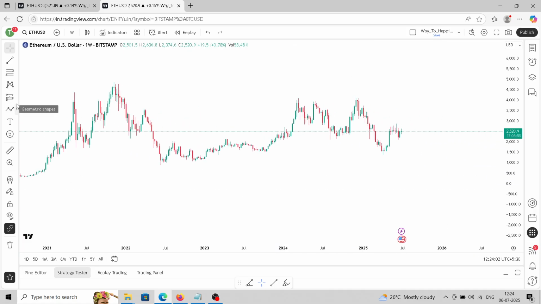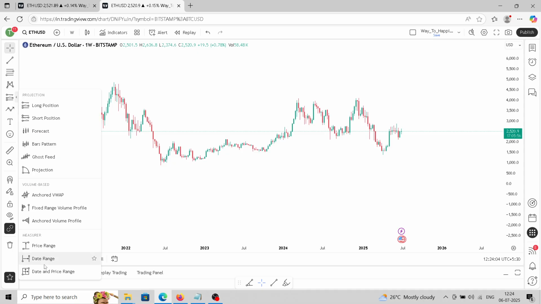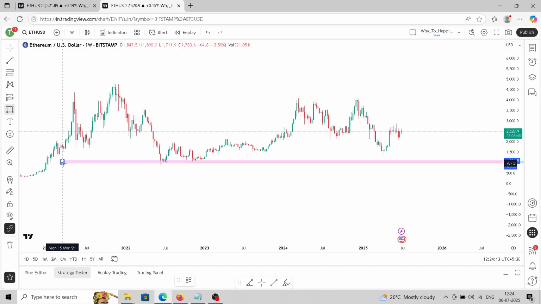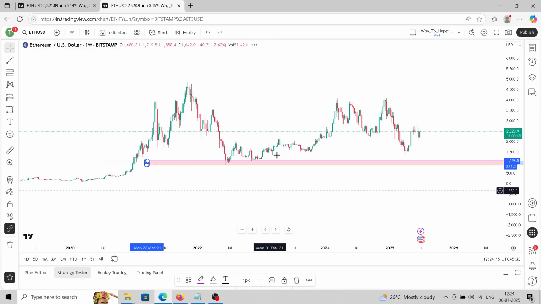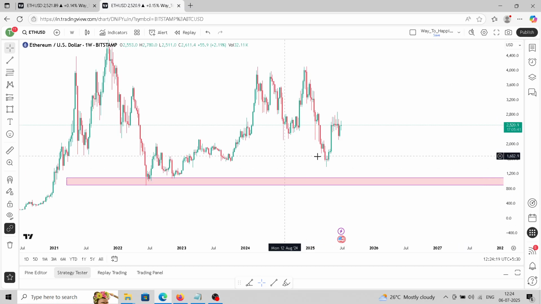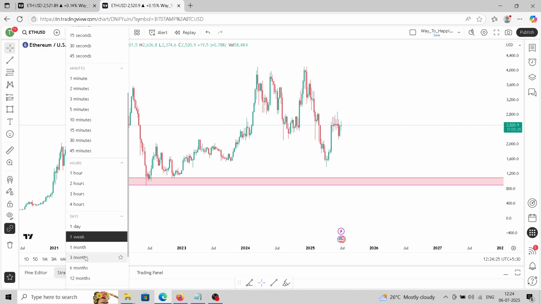Yes, Ethereum has one very good support here. Now this doesn't look like prices will come here ever, so I will not waste too much time and I will go to the 1 day chart here.